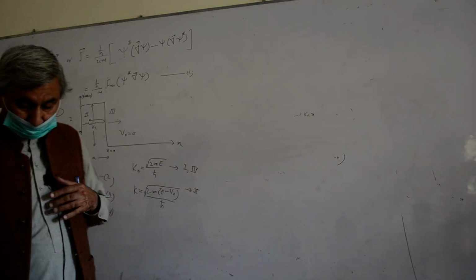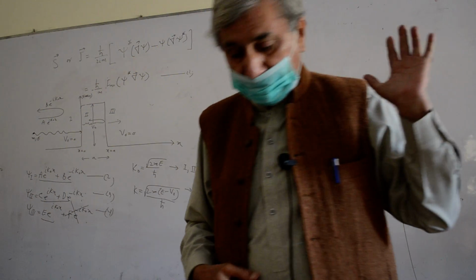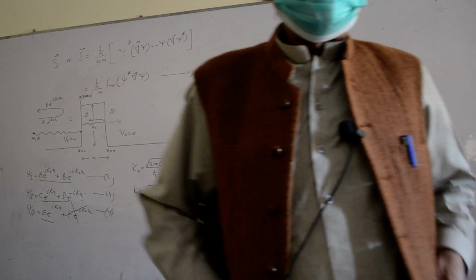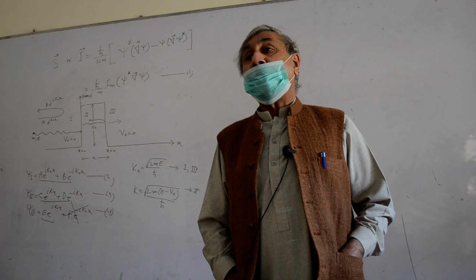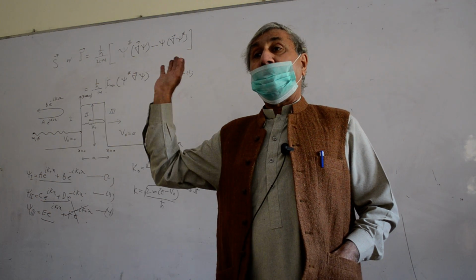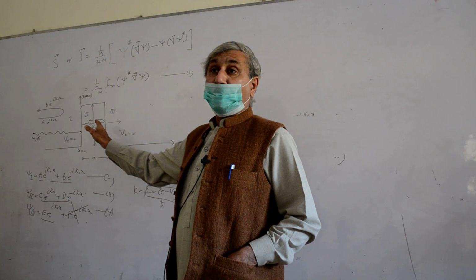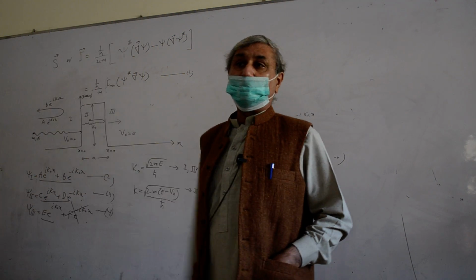Let's say I have just taught you this one, and then I ask you a question. And question is a potential barrier of height 10 electron volt is given to you.